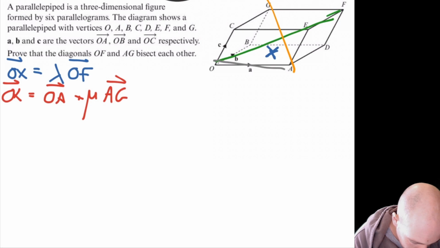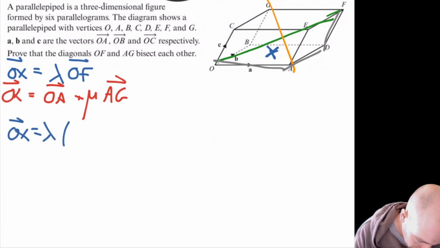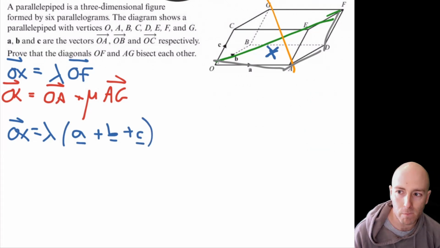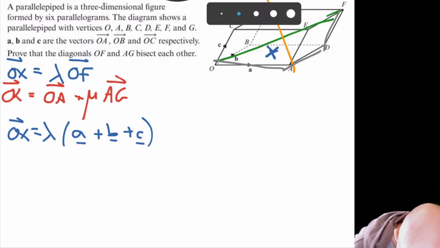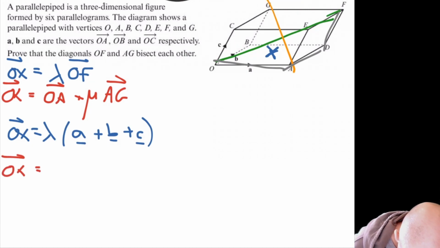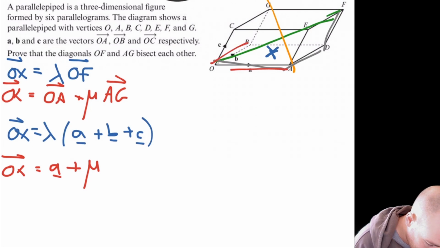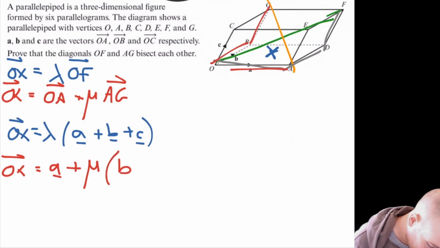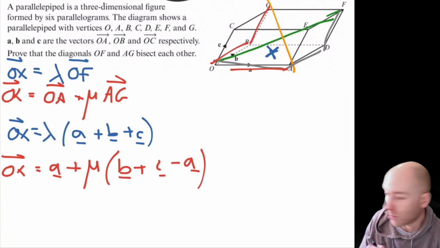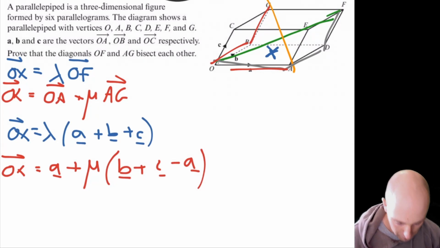We can go O to A to D, D to F. So OX is lambda times A plus B plus C. The other route then, we're going to go O to X is O to A, which is A, plus mu A to G. Well, A to G is minus A plus B plus C. So B plus C take A. Now, those routes should be equal if those two lines meet, if they bisect.